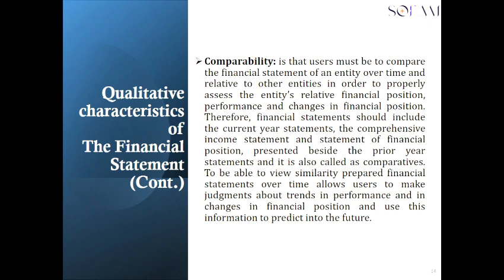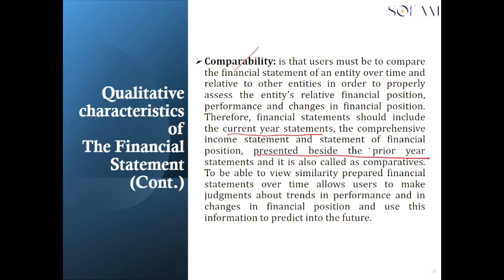The next one has to do with comparability. With comparability, we are saying that the way you prepare a financial statement, you should be able to compare the financial statement over time, meaning we should be able to compare your current year's performance against your previous year's performance.